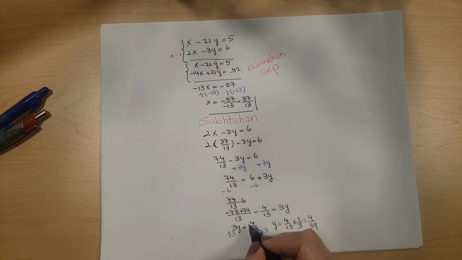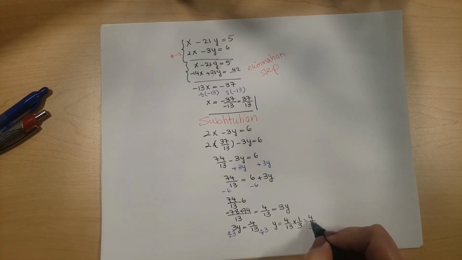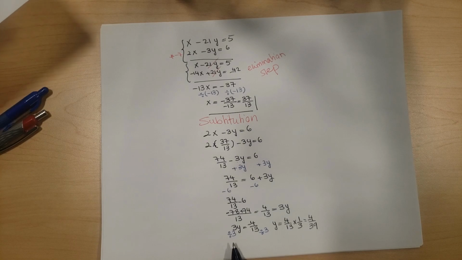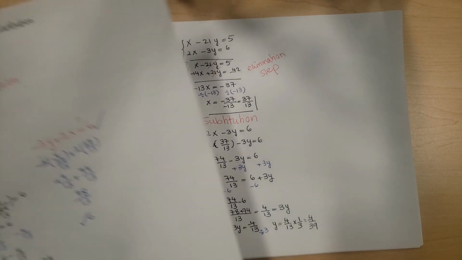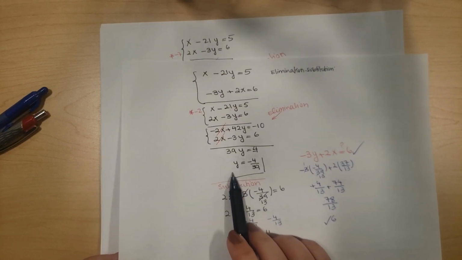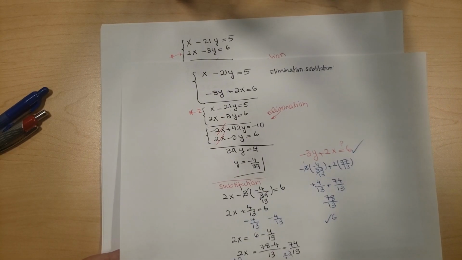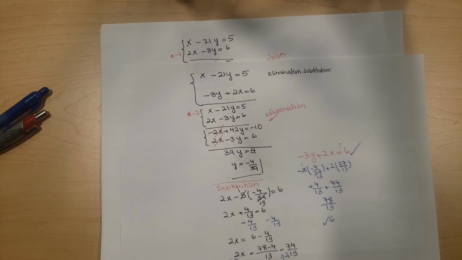So here that would be negative 4, and it would be negative, right? Let me double check the answer. So the y should be negative 4/39. Let's check the answer. Yes, exactly the same answer. So no matter, once more, which variable you choose to eliminate, the answers would be exactly the same.